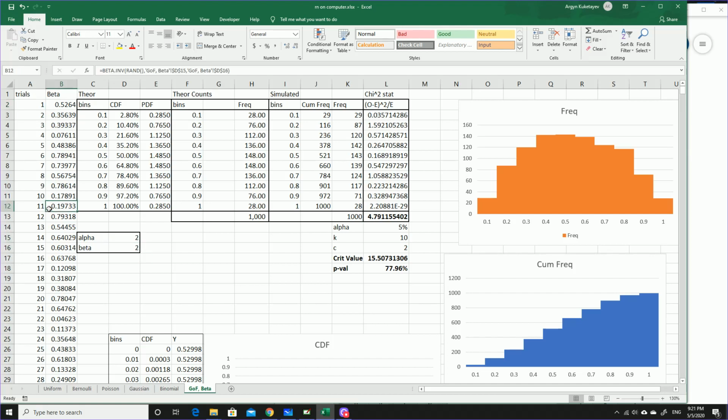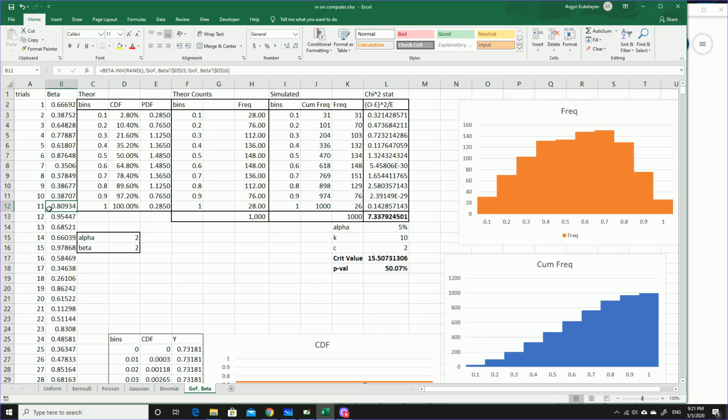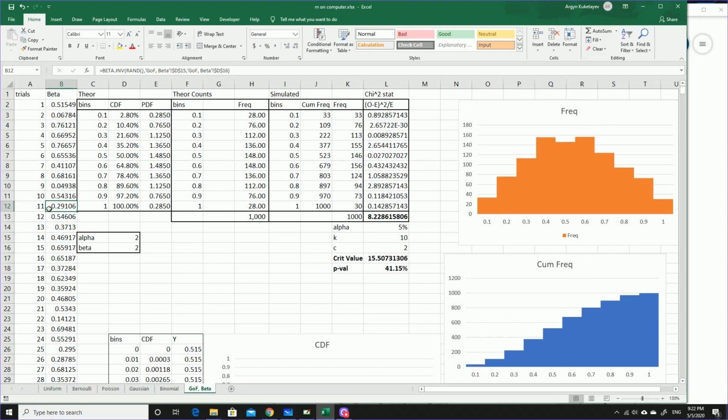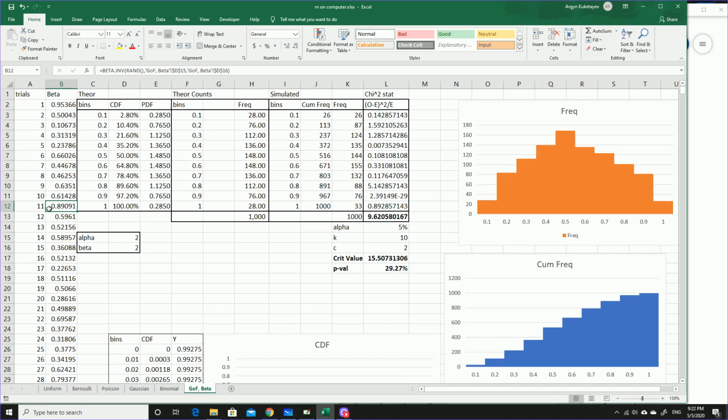What's interesting is that if I generate a few more, from time to time, it won't be very often, but sometimes, let's press so many times, because it's random numbers, right? It's a random sample, and anything can happen in the sample. And sometimes in this sample, look, it doesn't look that much like the distribution, and my test statistic is actually greater than the critical value.